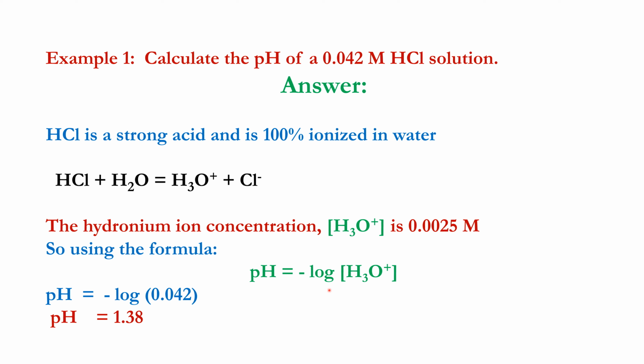We are given that this hydronium ion concentration is 0.042 moles. If we find the negative log of 0.042, we'll get 1.38. So it is a simple calculation. You just need to know the hydronium ion concentration and put the value in the formula.